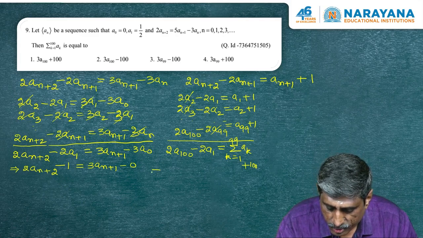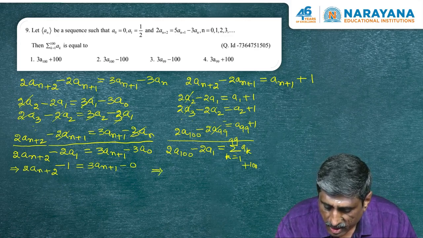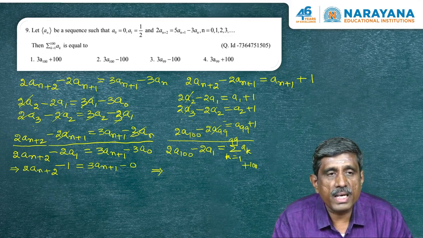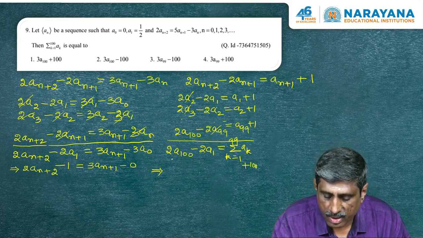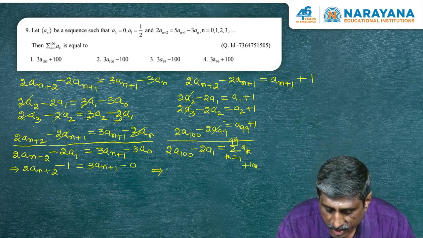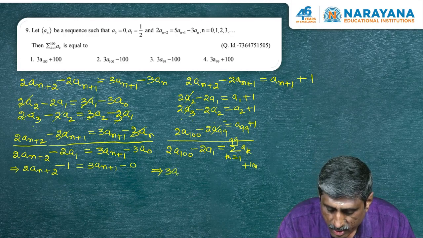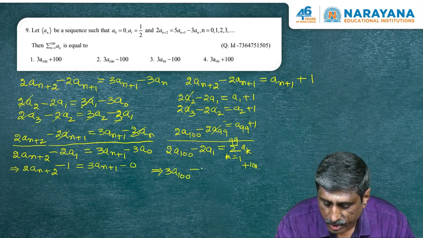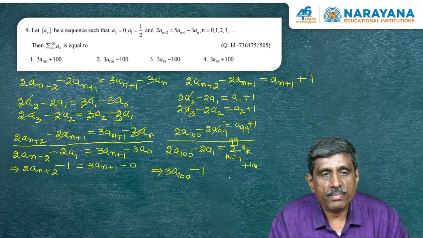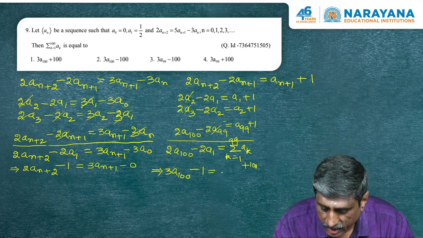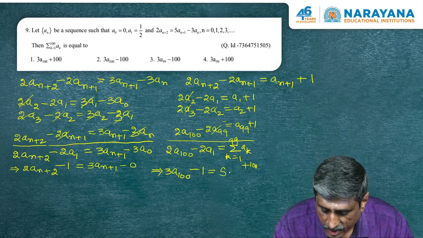When we substitute the a_1 value here, and take one more additional a_100, because we are asked to find sigma k = 1 to 100, add a_100 on both sides. So, we are going to get 3a_100 − 2a_1, where a_1 is 1/2, that is going to become 1, equal to the required sum plus 100.